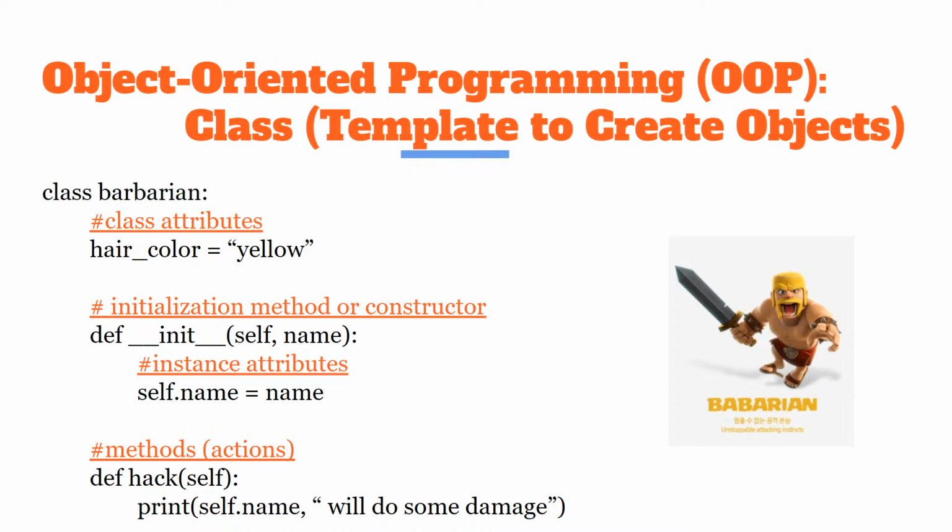The self is a parameter that's not needed when calling, because it knows it's referring to itself. So it's a keyword that you need to write inside the class, but you don't need to pass when you're outside of the class and calling it on an object.